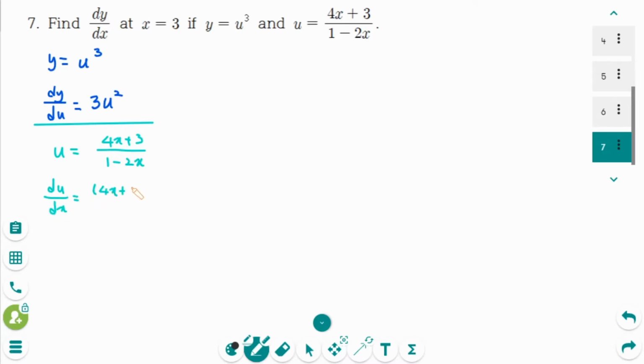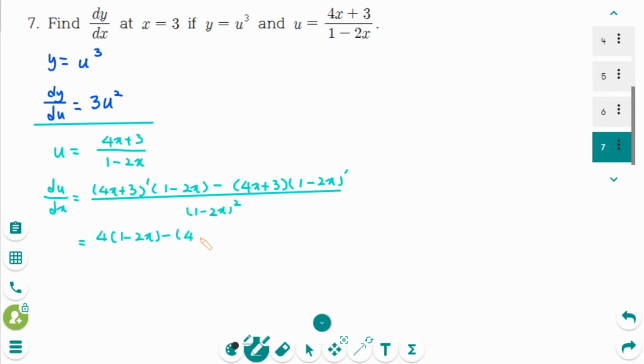4x plus 3 prime times 1 minus 2x, minus 4x plus 3 times 1 minus 2x prime, over 1 minus 2x squared. Then 4x plus 3 prime equals 4 times 1 minus 2x, minus, keep the first one, 1 minus 2x prime equals minus 2, over 1 minus 2x squared.